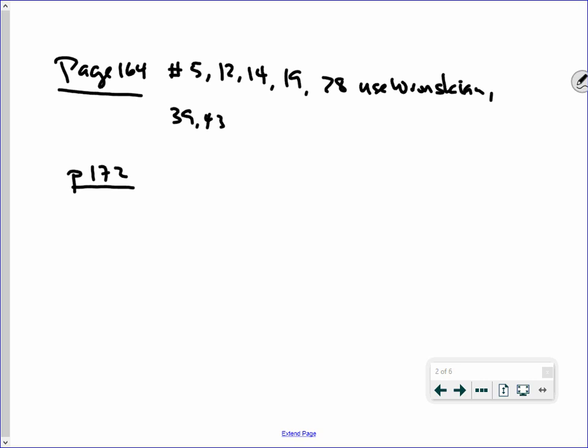Okay. Now on page 172, numbers 3, 14. Now not all of these are real long, and you know that some of these where we're coming up with general solutions are just a matter of solving the quadratic equation and basically just writing the answer down. So I know this looks like a lot, and it is, but they aren't all long.